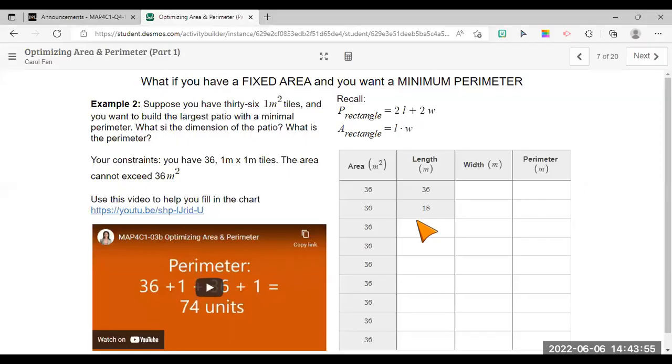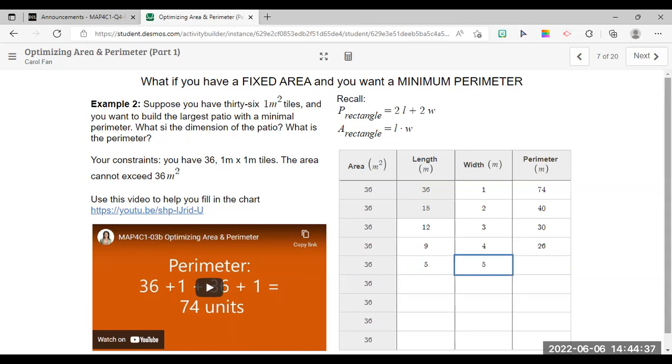Okay, let's finish this. With 1 by 36, the perimeter was 74. Width of 2 now, 18 plus 18 plus 2 plus 2, 40. 12 and 3, 30. When we had 4, it was 9 and 4, 26. 5 didn't work.